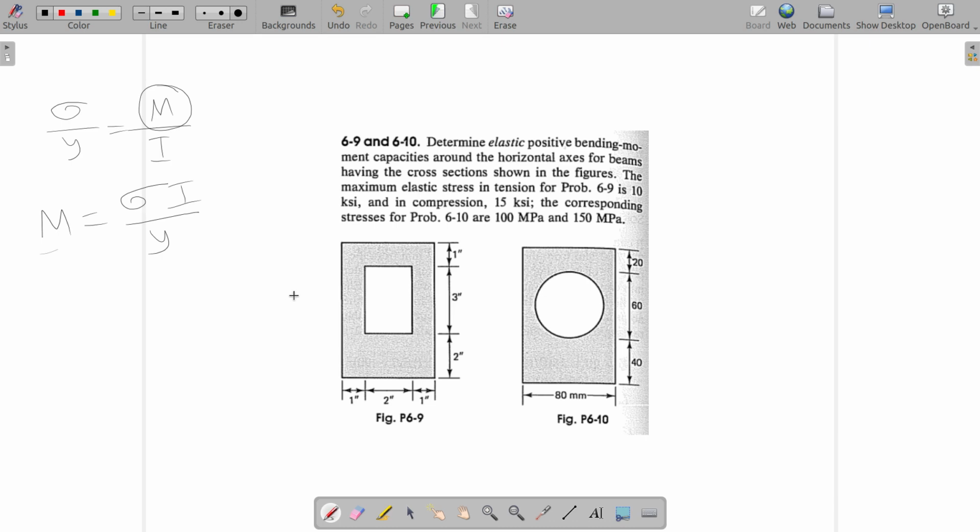I think the first job is to find out the neutral axis. How will you find out the neutral axis? Let's say this is the neutral axis for the first figure and this is the neutral axis for the second figure.